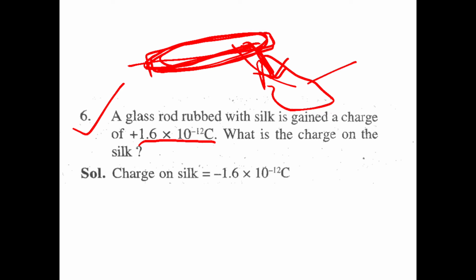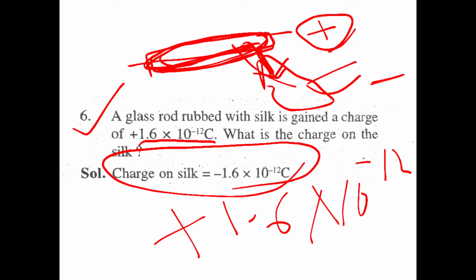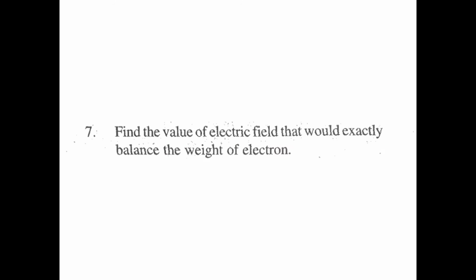That means the glass rod is positively charged and the silk cloth is negatively charged. If the glass rod gains plus 1.6 into 10 to the power minus 12 coulomb, then the silk cloth charge will be minus of this. If the glass rod is positive, then the silk cloth is negative, and the magnitude will be the same.